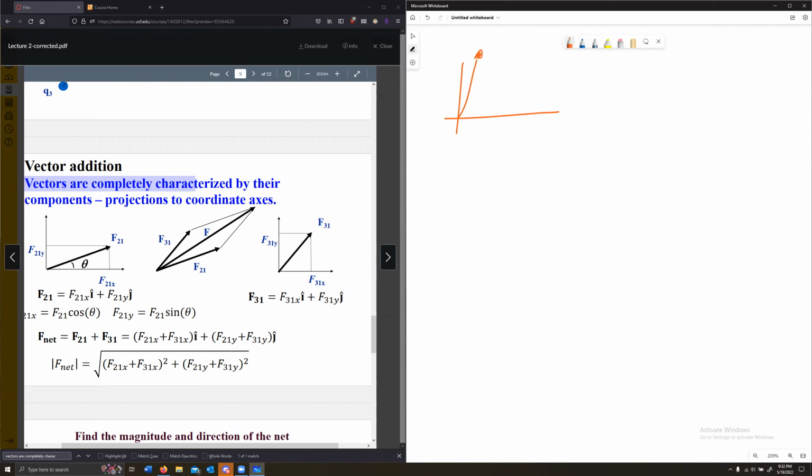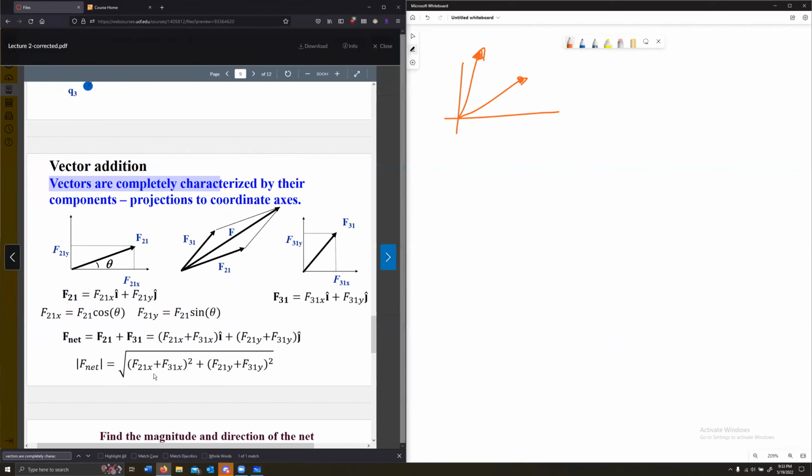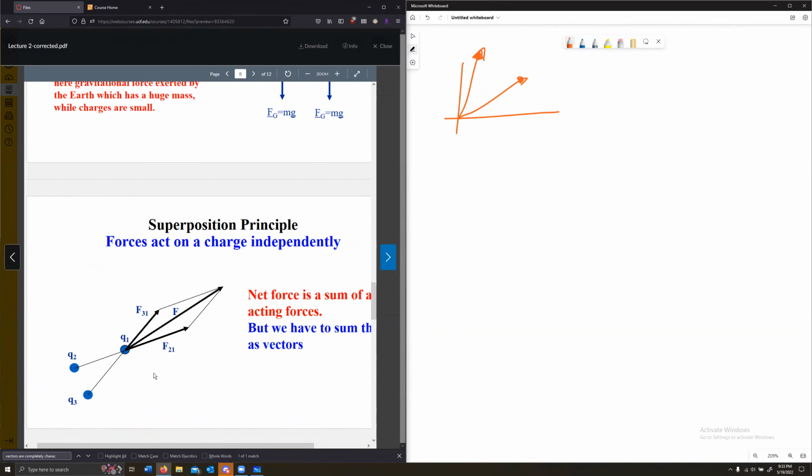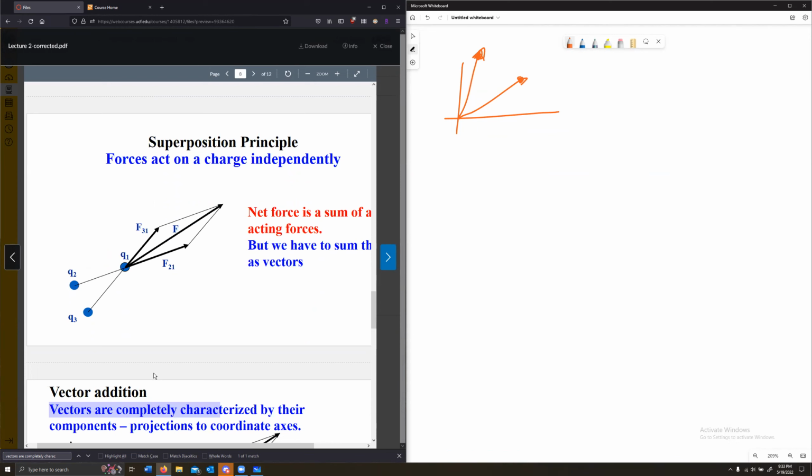So this is a particle here, in case you guys can't tell, and then it's an arrow. And then you have another arrow here. Superposition principle is basically, here's what it says. It's vector addition. He talks about the superposition principle, that forces act on a charge independently.